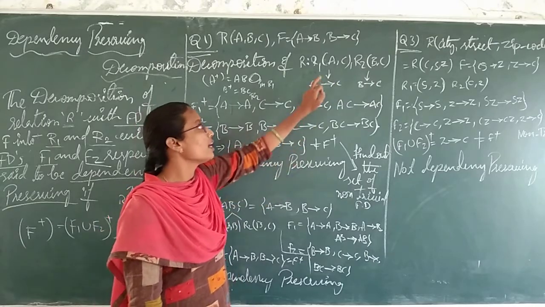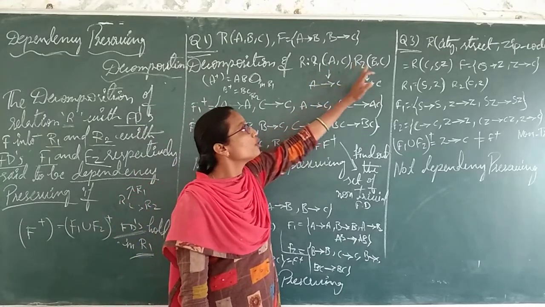In R1 we have the attributes AC, and in R2 BC.